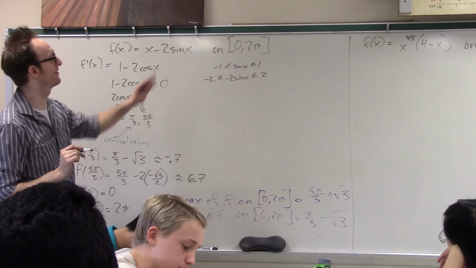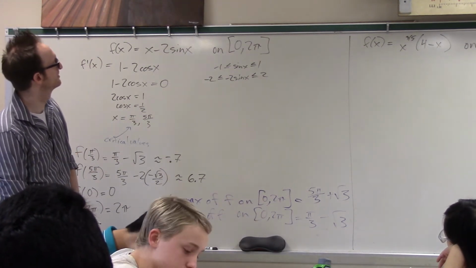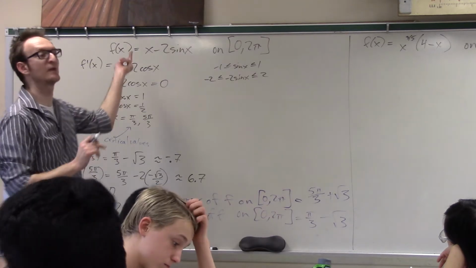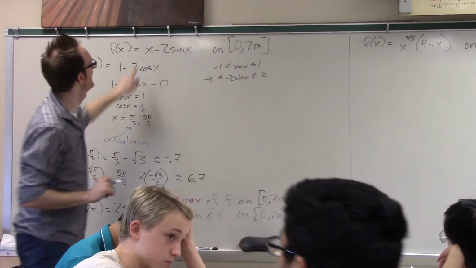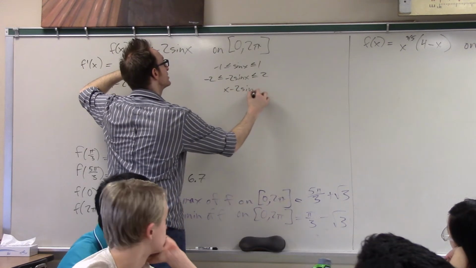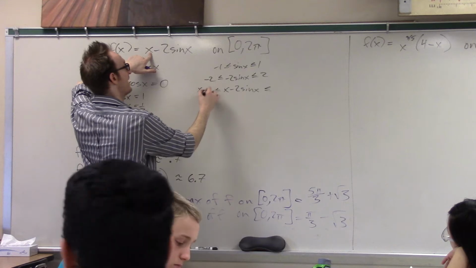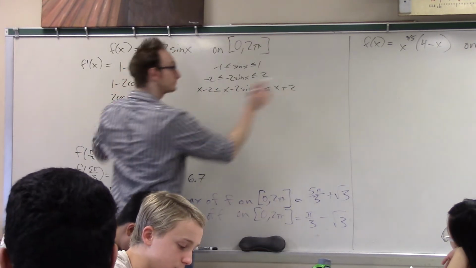Yeah, but the other way around. Okay, is that fine? Yeah, because it flips, and then I flipped it back. And then I can also add x to all three sides of this. So x minus 2 sine x has to be between x minus 2 and x plus 2.